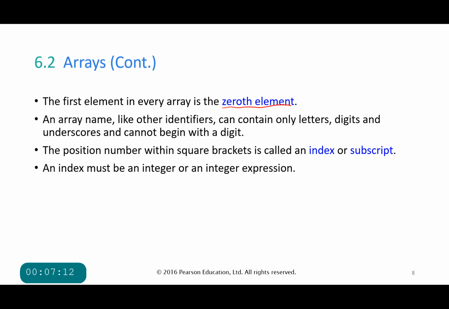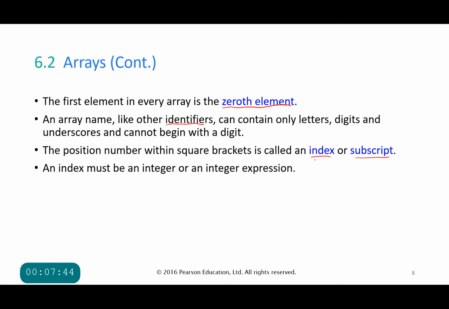And array names, like identifiers, can only contain letters, digits, and underscores, and cannot begin with a digit. So remember this. This is another important concept. So all rules for identifiers that you generally see with other variables also apply to arrays as well. And then the position number within square brackets is generally referred to as an index or subscript.